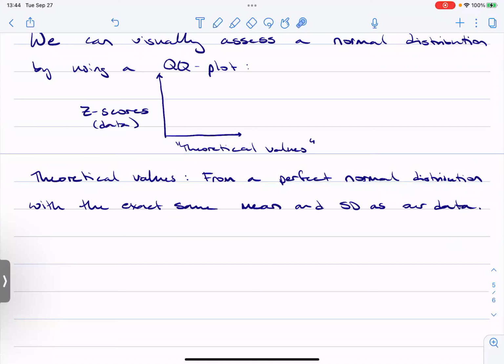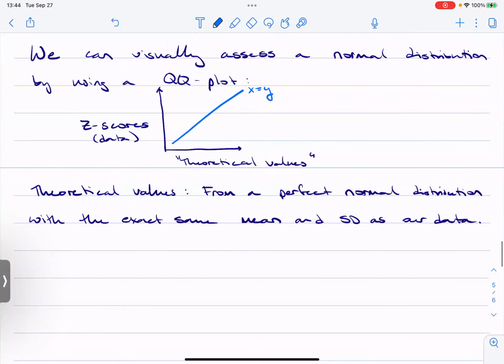Then if X equals Y, if they're the same, I get this diagonal line. X equals Y looks like that.